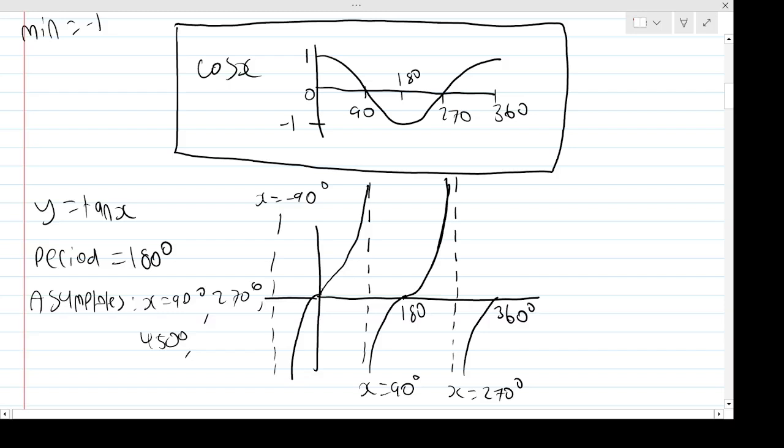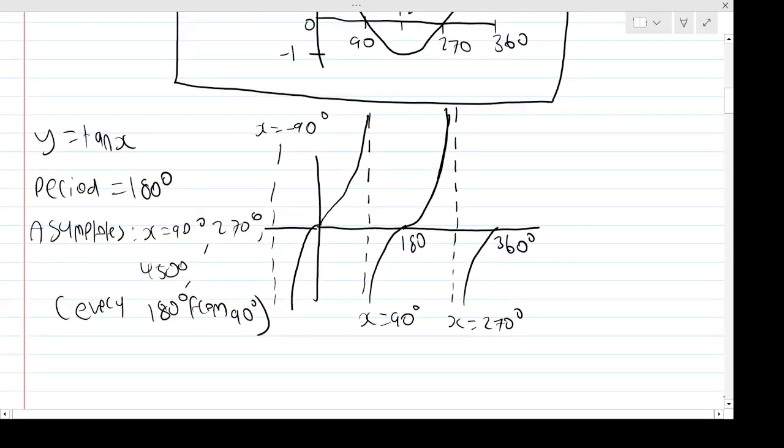I'm going to say every 180 degrees from 90, right? Because obviously if we have this asymptote at 90, then you add or take away 180 and you get the other asymptotes, essentially, because the period is 180, so the graph repeats itself in that way.